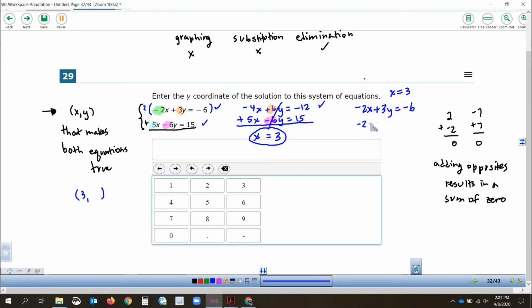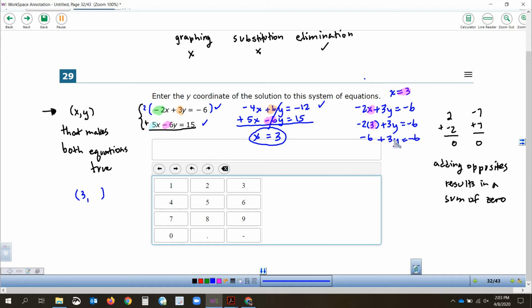So I'm going to go -2 times 3 plus 3y equals -6. So I substituted 3 for x. And now I have an equation that only has y. That gives me -6 plus 3y equals -6.